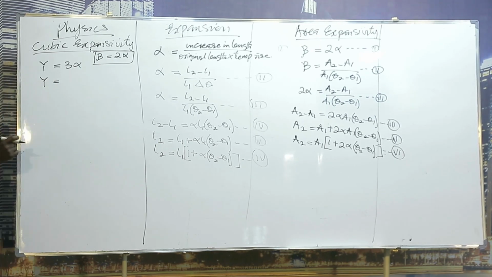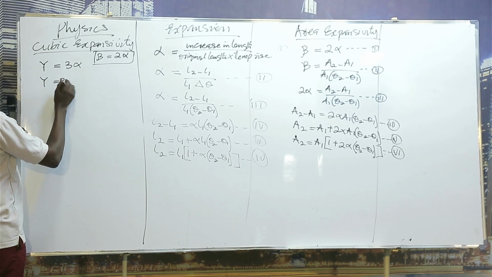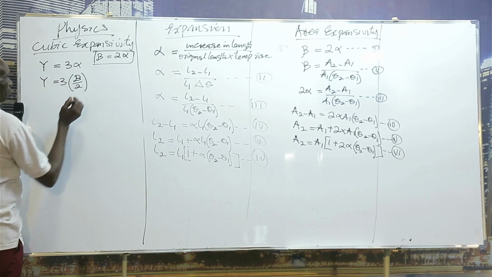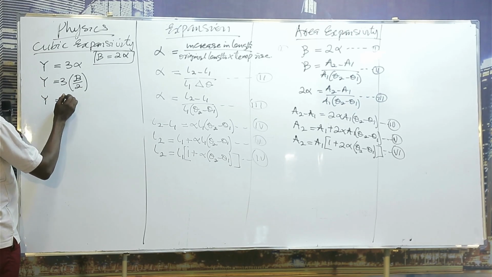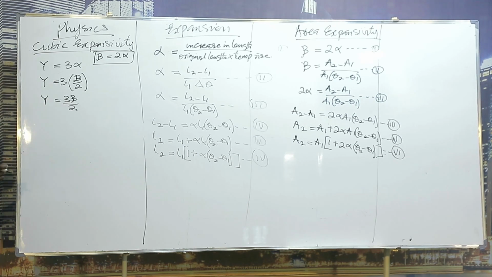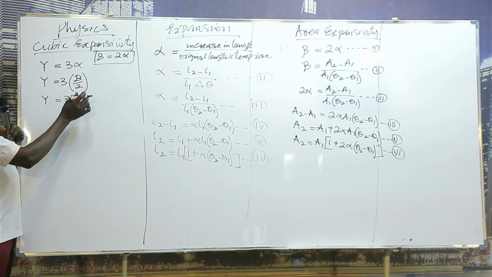Make that alpha the subject. If you make alpha the subject, what are you going to obtain? Beta over 2. So if I come back to this place and replace alpha, I have 3 here. Into this, alpha is now beta over 2. Then I can obtain that 3 beta over 2 will give us the same equation. So I want you to know where I formed this. Hence, you know this equation.